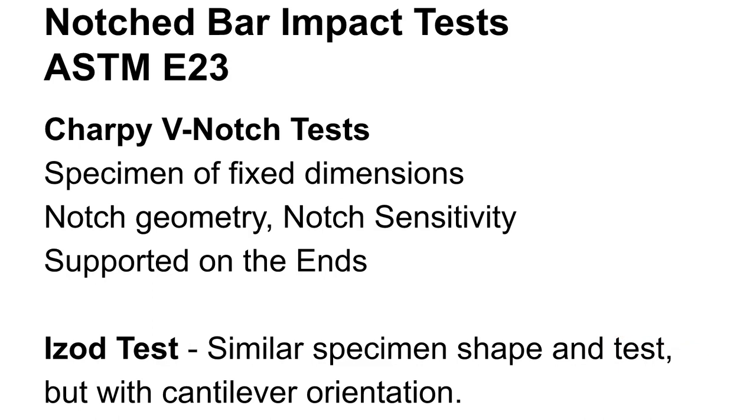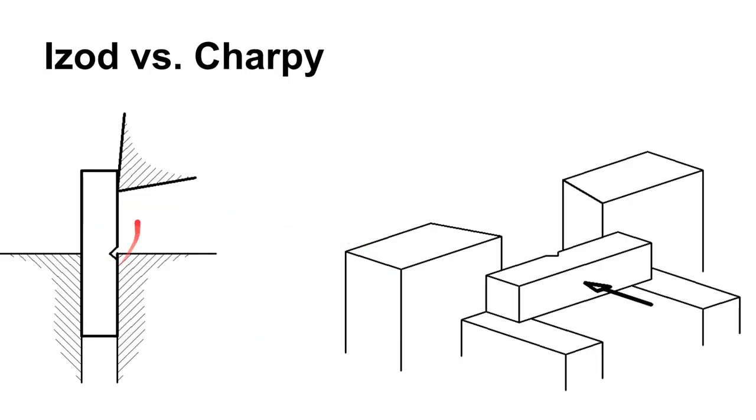All right, so these use a specimen of the same dimensions. So basically you machine a specimen to an exact size for all of these tests, and then depending on how it's oriented, let me drop down here, whether it's oriented like this as sort of a simply supported beam, and then this is struck in the middle like this.